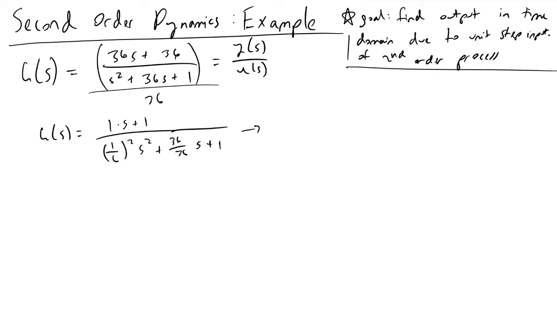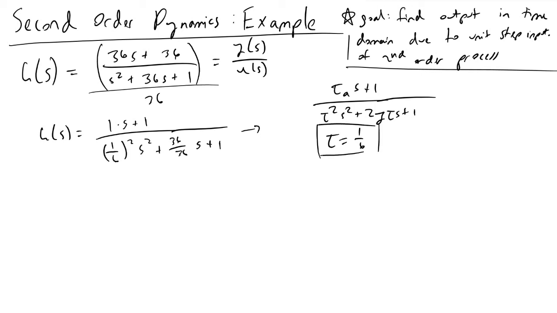And if we look further, what we'll realize here, based on what we know about second order transfer functions, they have the generic form tau a s plus 1 over tau squared s squared plus 2 zeta tau s plus 1. We can see that tau must be equal to 1/6.